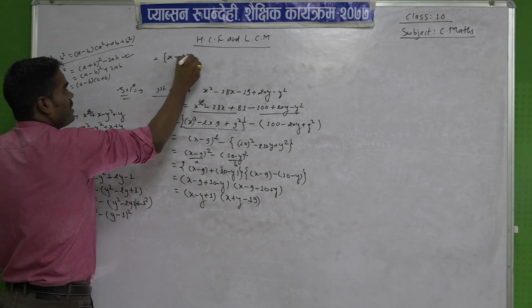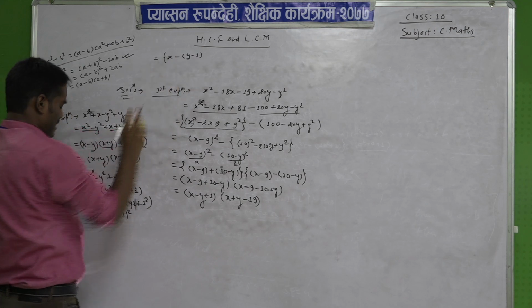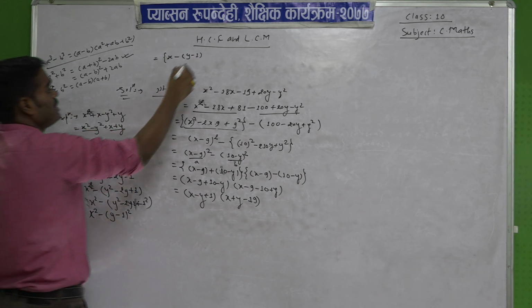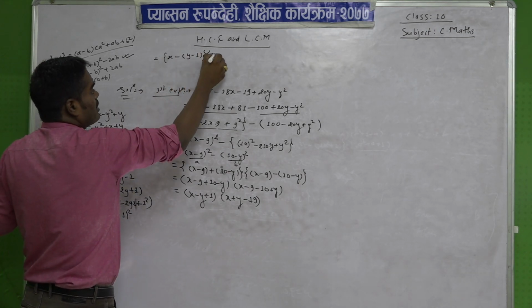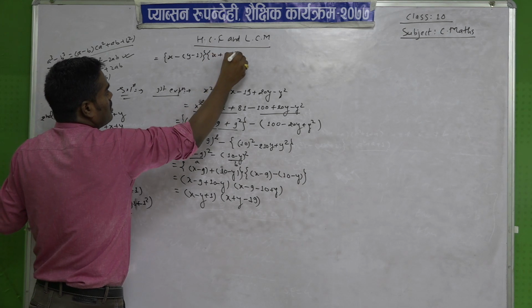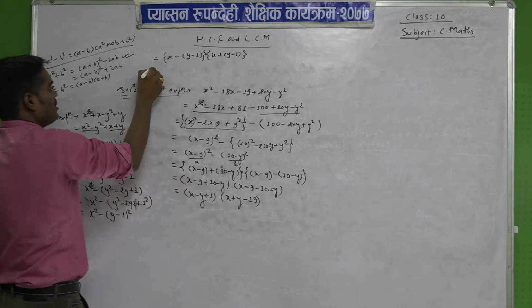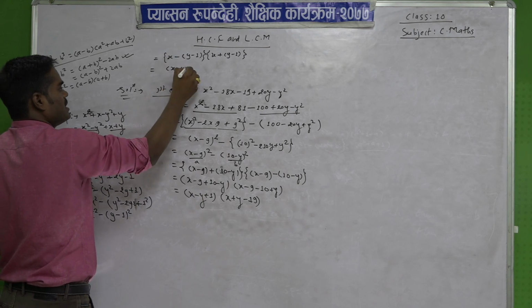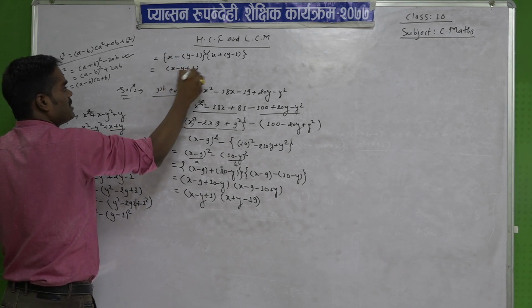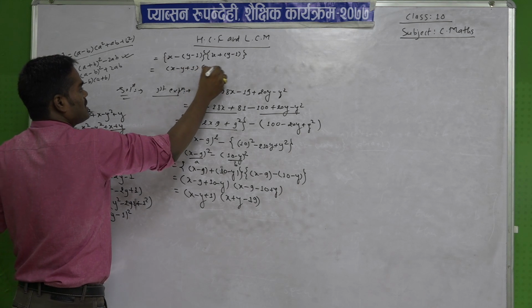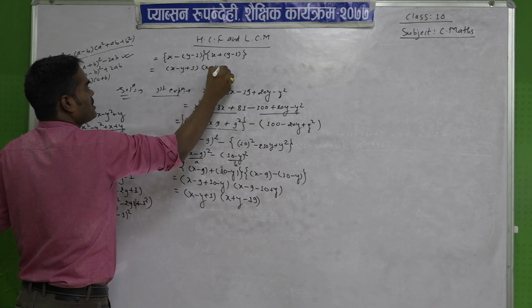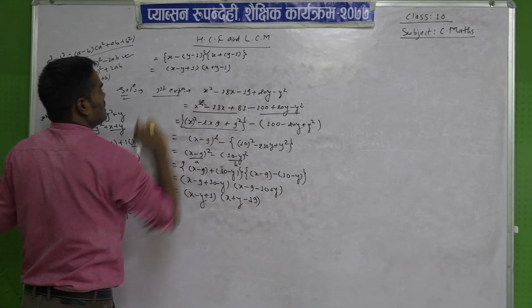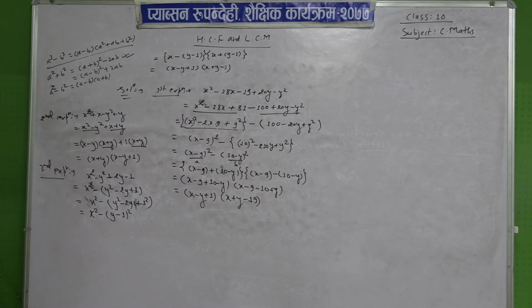So a minus b, a plus b. So what is here? x minus into plus, minus; minus into minus, plus; and likewise x plus into plus, plus; plus into minus, minus. This is the factor of the third expression.